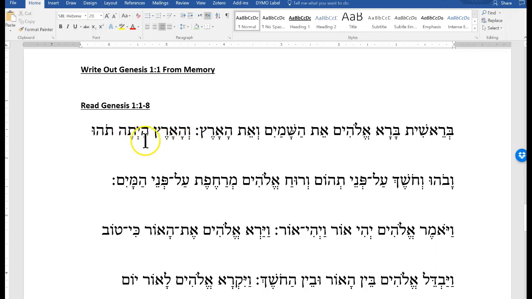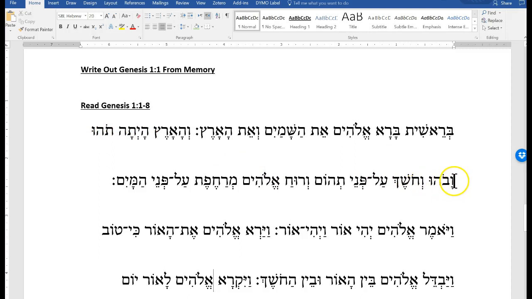was, and you can see this is "she was," so this is a Qal perfect from Haya, but it's the third feminine singular, and it's feminine because Eretz is feminine. In the beginning, the earth, she was, tohu va-vohu.